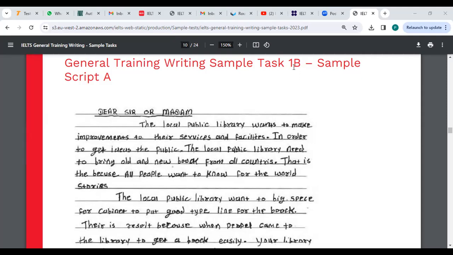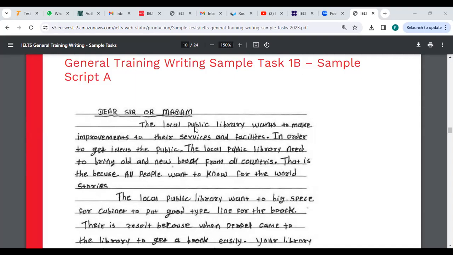Okay, sir. Good afternoon. Dear sir or madam, the local library wants to make improvements to their service and facilities. In order to get ideas the public, the local library needs to bring old and new book from all countries.